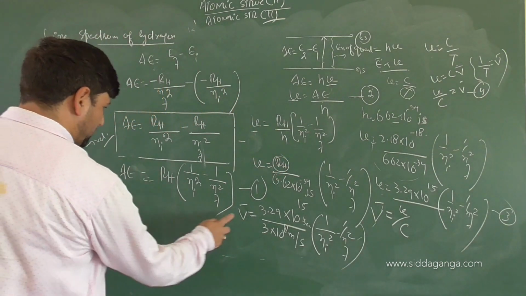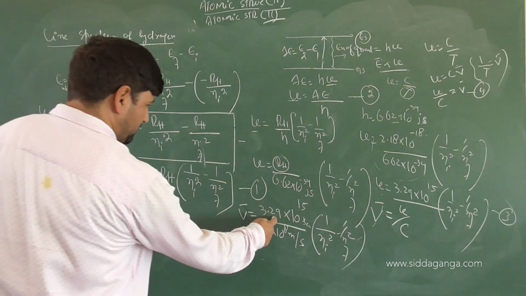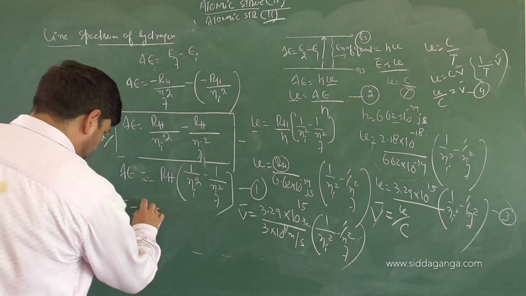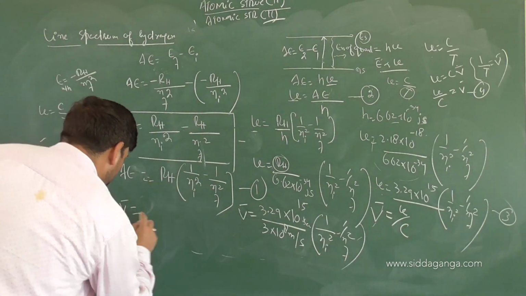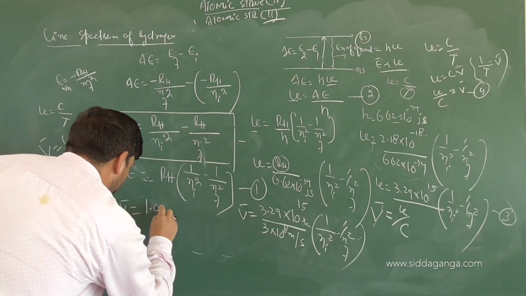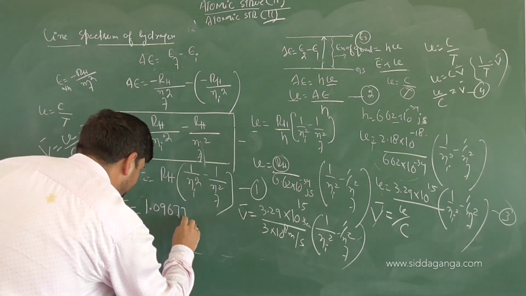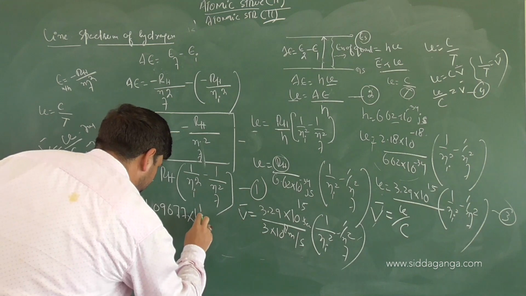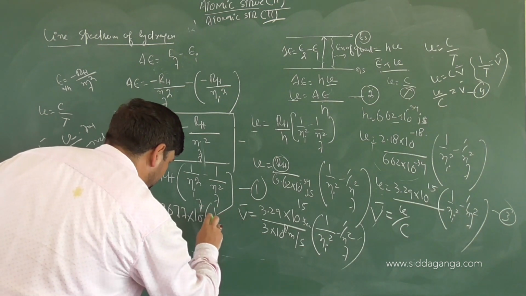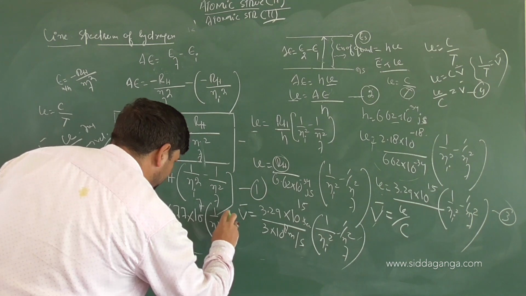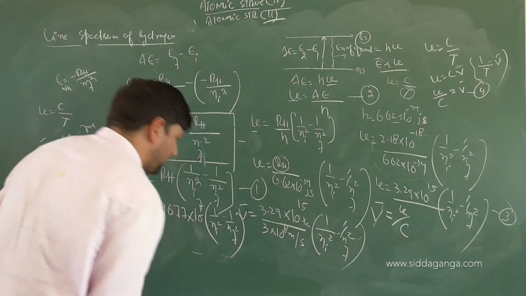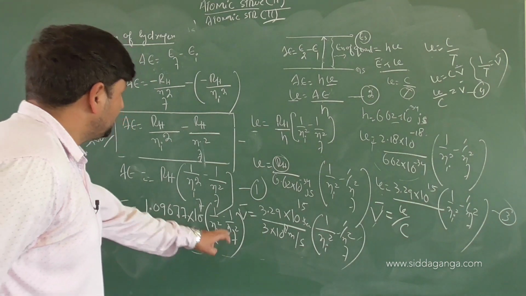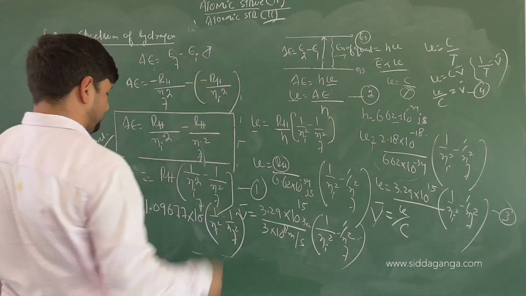So let us further solve it. You got wave number equal to, when you solve this and convert the value in meters, 1.09677 into 10 to the power 7 into 1 by n initial square minus 1 by n final square. Am I clear? Have a proper look at this. Now you got the wave number value.